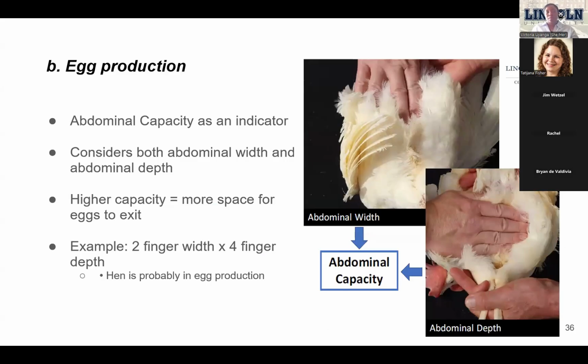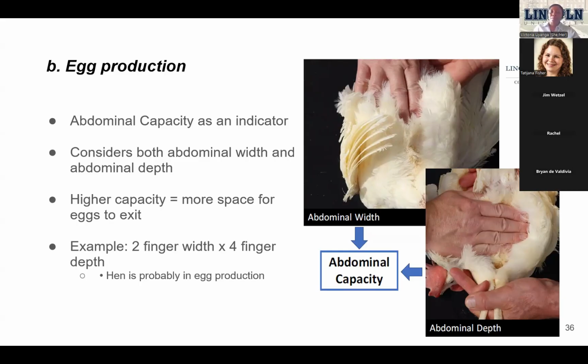We kind of just talked about how you can use different things, the skin pigmentation to look at egg production. But if you're looking at the skeletal system, you can use the pelvic bone to measure the abdominal capacity. And part of that would be examining the abdominal width as well as the abdominal depth.